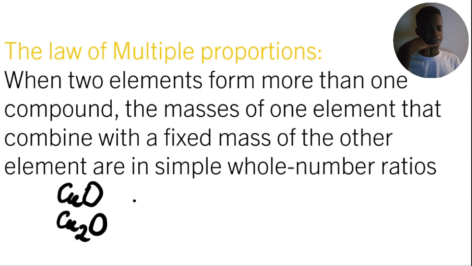And then what will be that ratio? The law says that the masses of one element that combine with a fixed mass of the other element are in a simple whole number ratio.